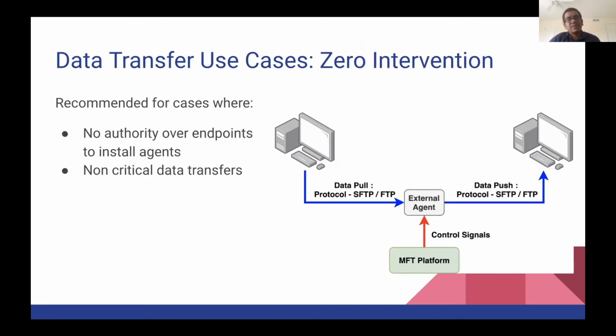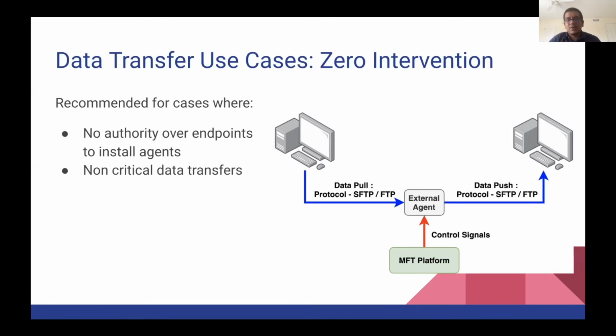The second use case we call zero intervention, because in some cases it's not practical to install agents or some binaries on the storage endpoints, due to the security or policies enforced by the endpoint. In that case, you can use an external agent to pull the data according to the supported protocol of the source resource and push it to the destination endpoint according to its supported protocol.